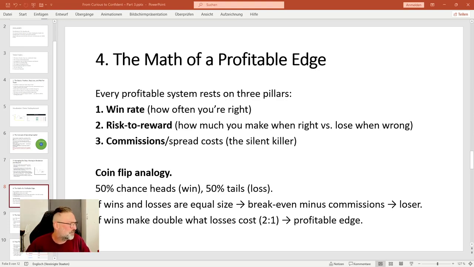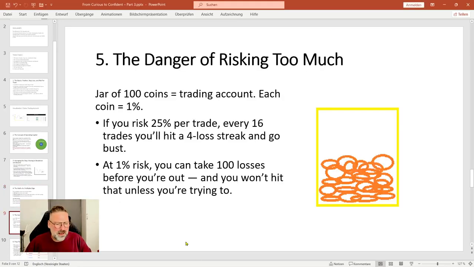Now, let's say here are 100 coins in that jar, 100 coins, right? And every coin equals 1%. So now we're playing that same game.